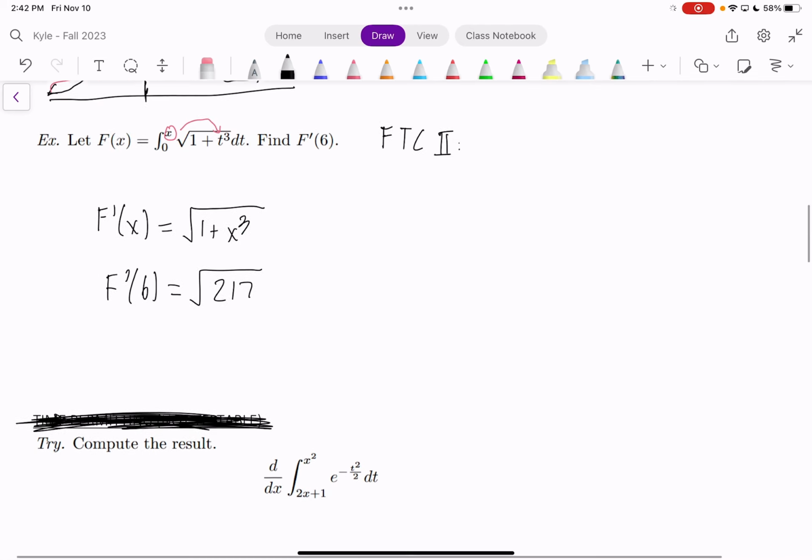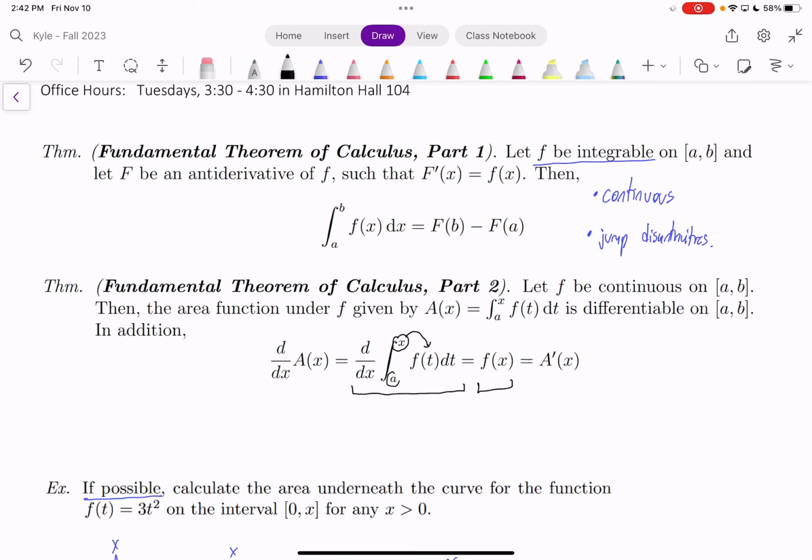What do we think? Let's get some thumbs up, thumbs down, or maybe we're not sure. Well, let's take a look back. Remember, our fundamental theorem part 2 tells us we can only substitute this x in if we have an x as the upper bound and a constant as the lower bound.